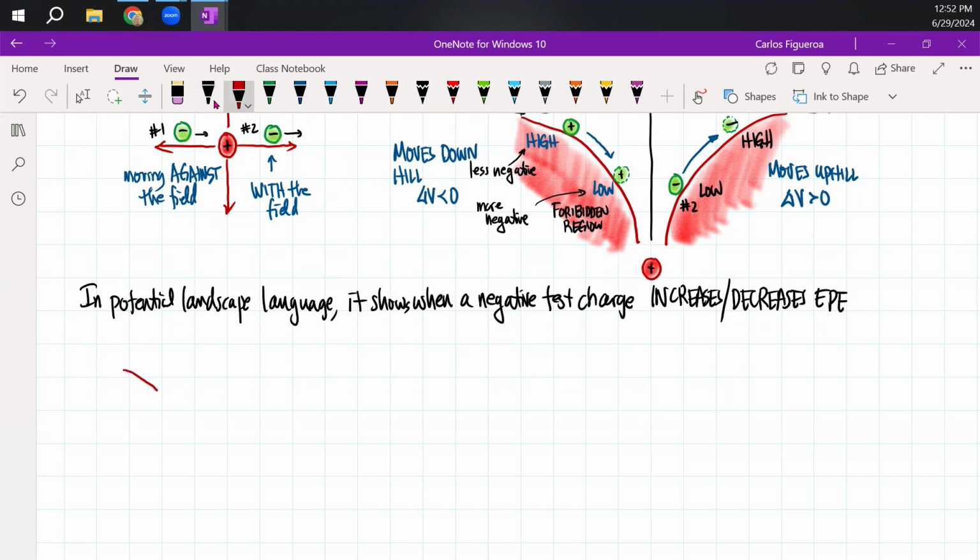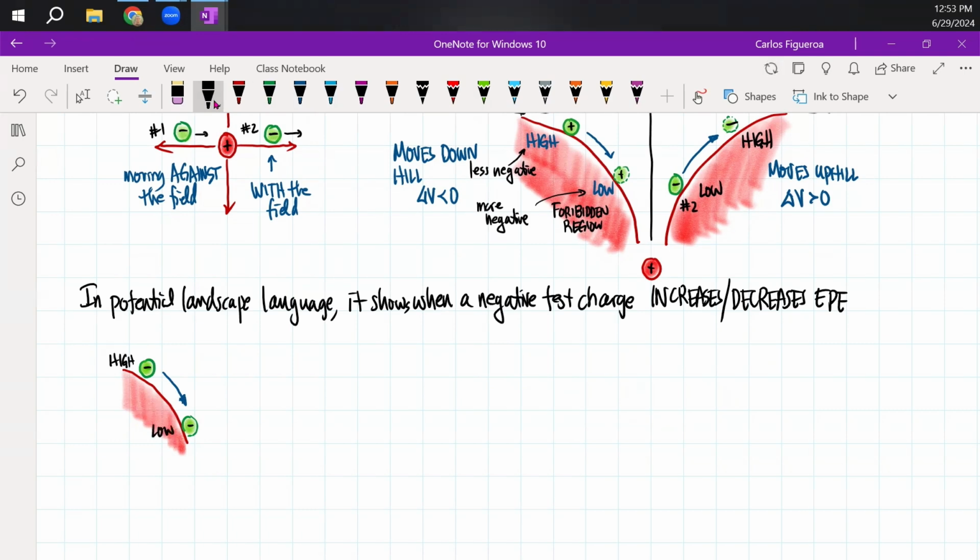So if I'm going down the hill, then I'm seeing that I have a charge that's looking like this. I'm moving in this direction, and it's clear that we are going from a high to a low.